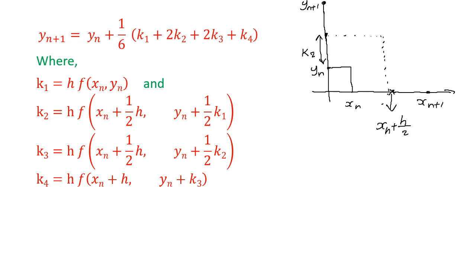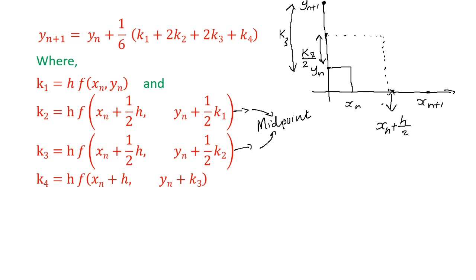Exactly, this is k2 by 2. So we will find k3 using this approximate value of the function at the midpoint. We will have 2 approximate functions for the midpoint. Then this is the function value evaluated at the end point. So this distance is nothing but k3, which means yn plus 1 is k3 away from yn.